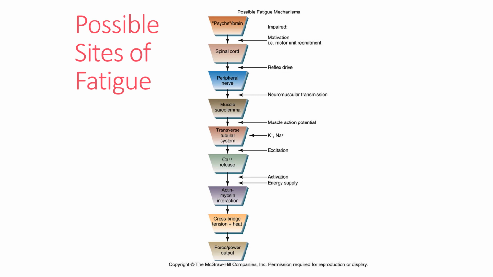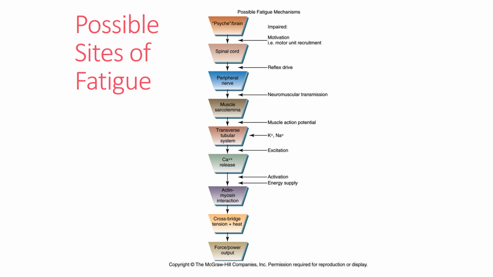The spinal cord, peripheral nerve, neuromuscular transmission. So with neuromuscular transmission, we're concerned with our ability or inability to release acetylcholine into the neuromuscular junction and be able to have transmission of information from the nerve to the muscle occur effectively.